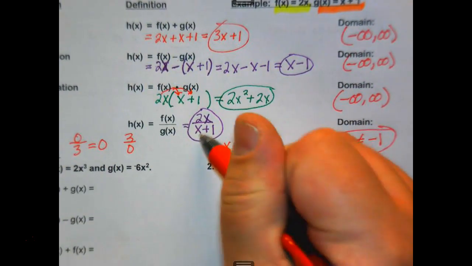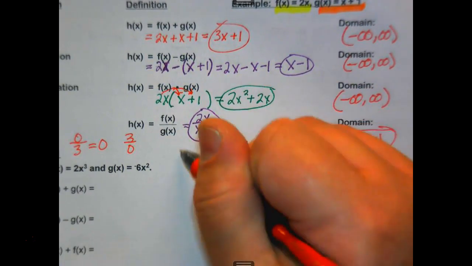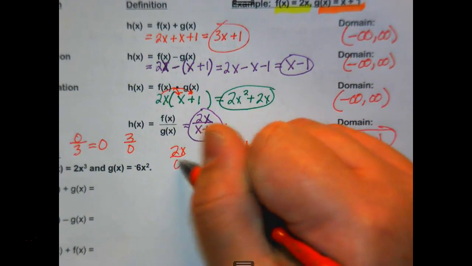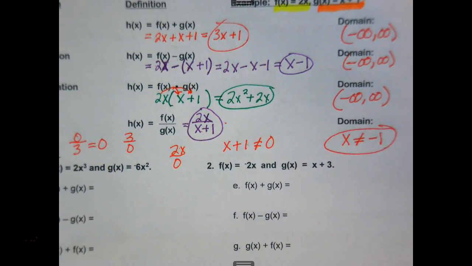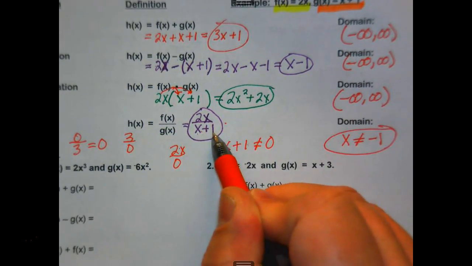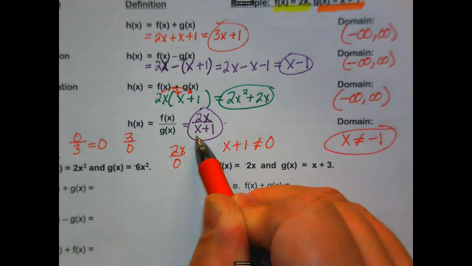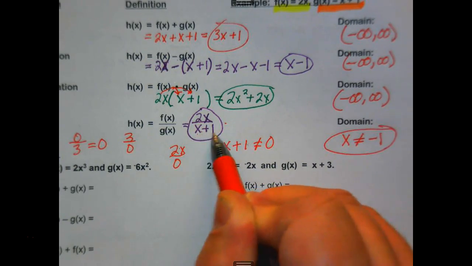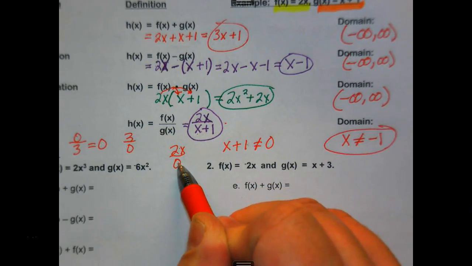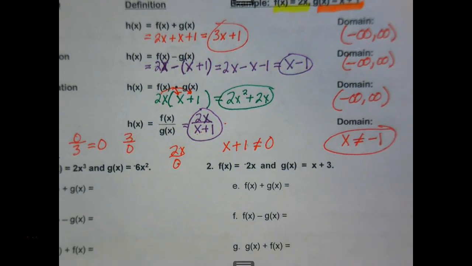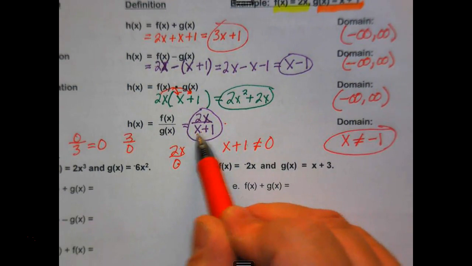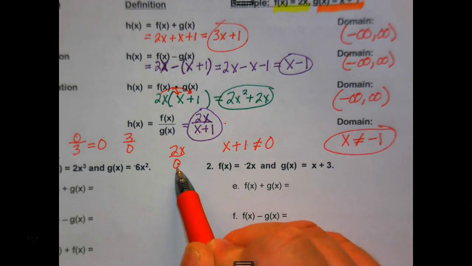No. So you cannot have 2x over 0. To make x plus 1 equal 0, x could be negative 1. If x was negative 1, you would have 0 in the bottom. Any other number will work except negative 1, because negative 1 will give you 0 in the denominator. And you can't have that.